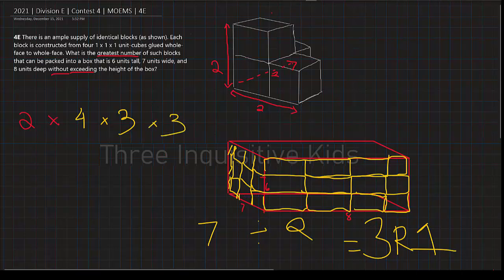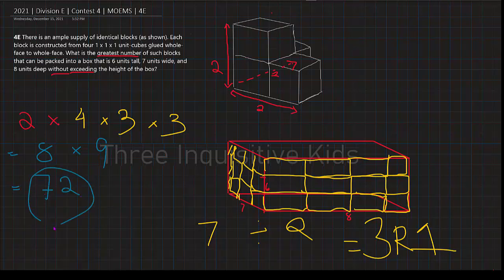So now we can multiply. 2 times 4 is 8. 8 times 3 times 3 is 9, which equals 72. So the answer is 72.